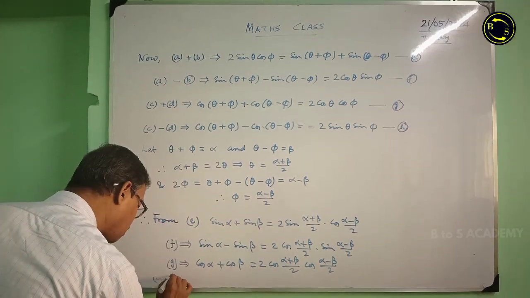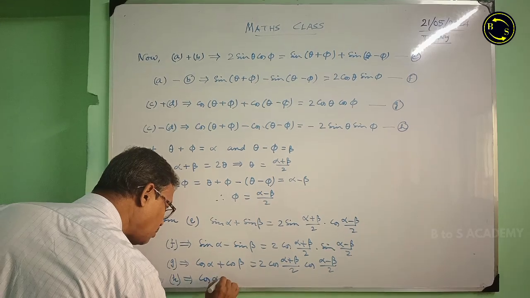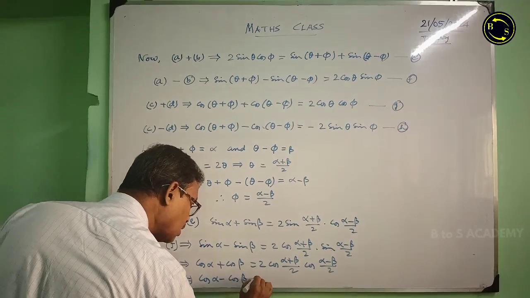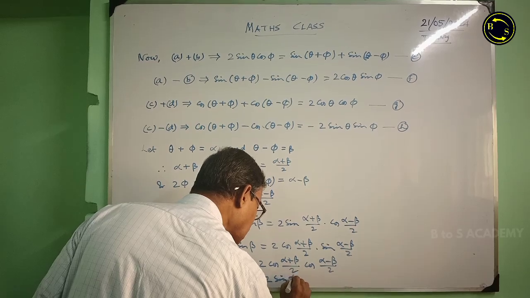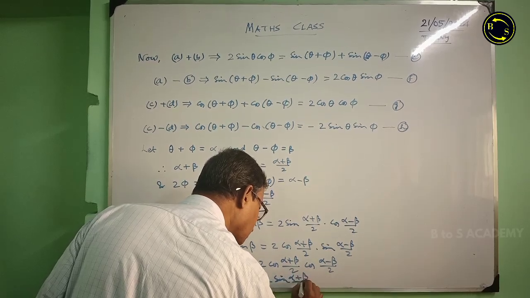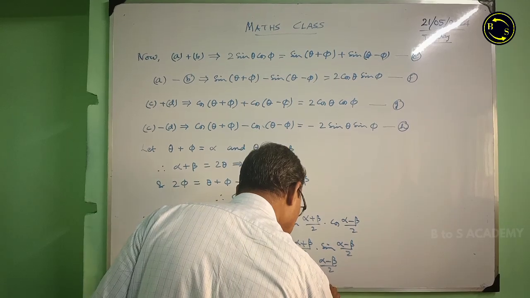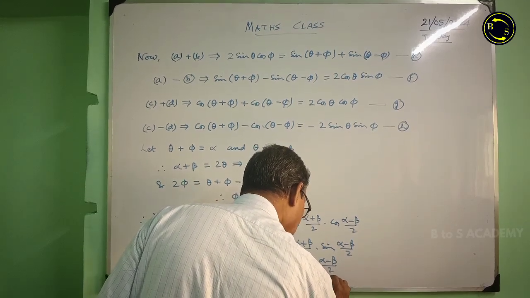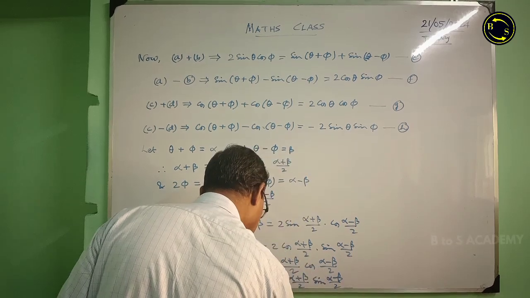Then H will give cos alpha minus cos beta, that is equal to 2 sin alpha plus beta by 2 sin alpha minus beta by 2 with negative sign.